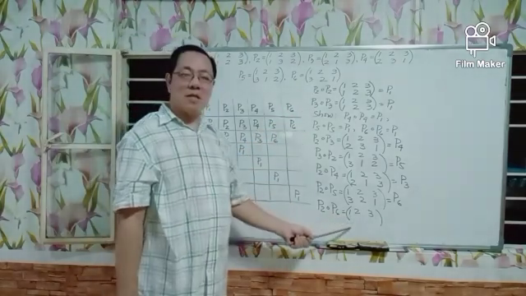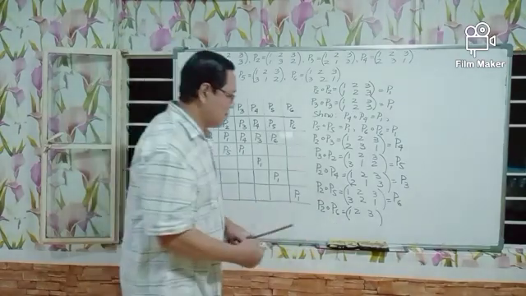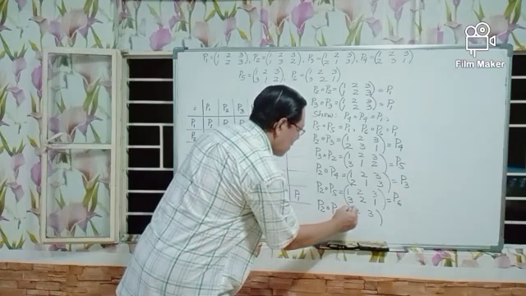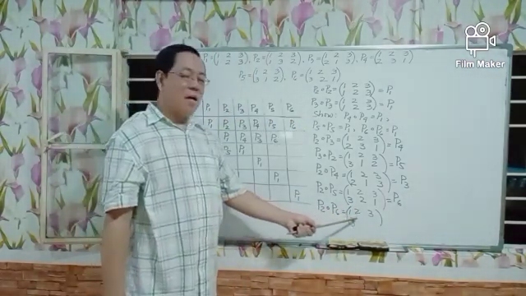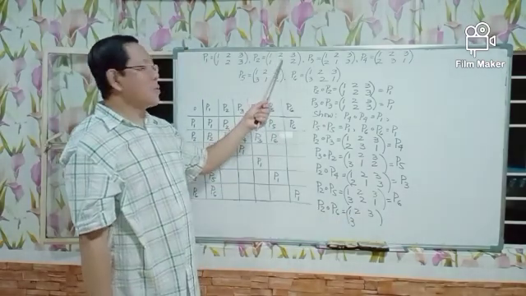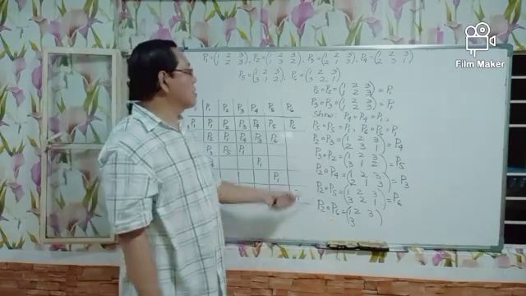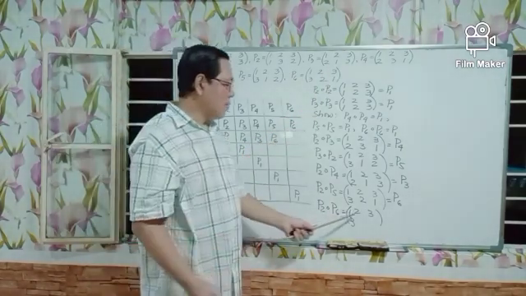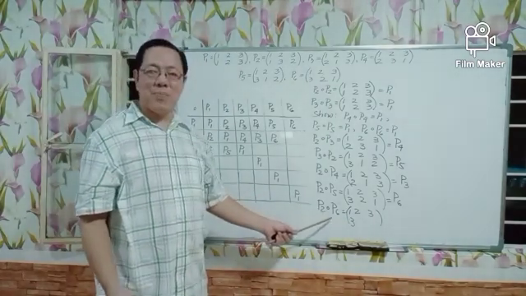Therefore, 1 is assigned to 3 under P2 circle P6. P2 assigns 2 to 3. And P sub 6 assigns 3 to 1. Therefore, 2 is assigned to 1 under P2 circle P6.